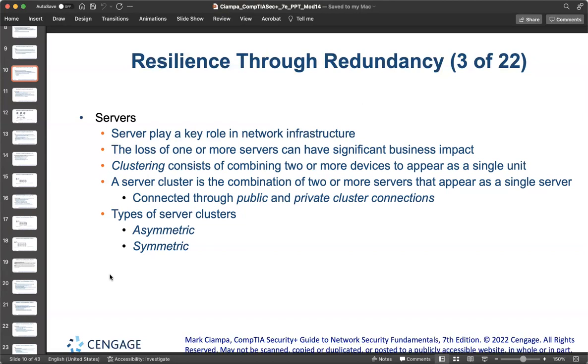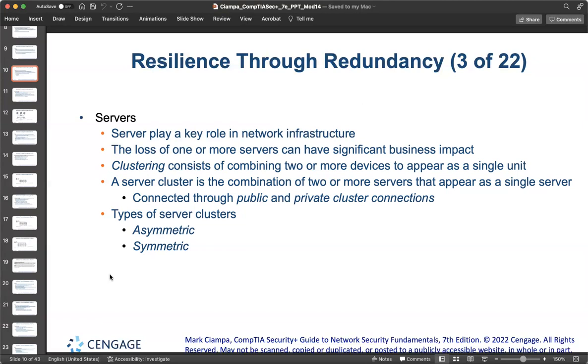When you use virtualization, basically you create a cluster of servers in the background, right? Clustering itself consists of combining two or more devices to appear as a single unit. Your hypervisor is looking into 10 physical servers, but your users, looking through the interface of the hypervisor, just see one server that provides the service to them.